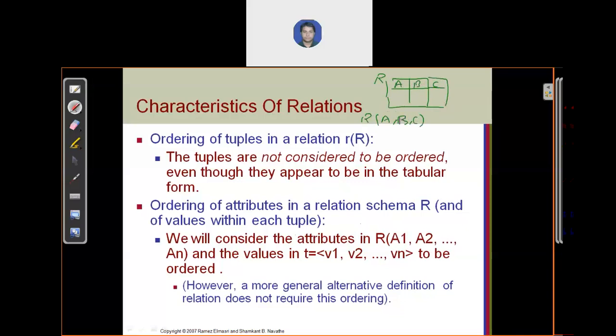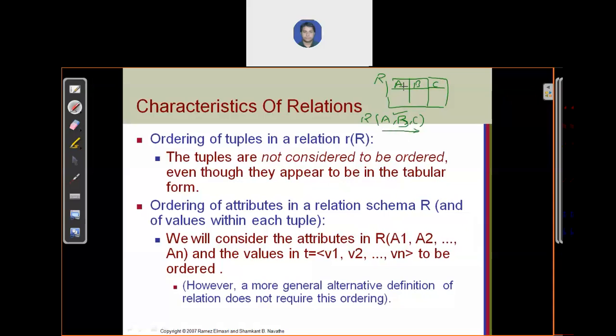When we talk about a list, there is always an order. When we talk about a set, there is no order. So when you write the schema, you have to write the correct order of attributes.